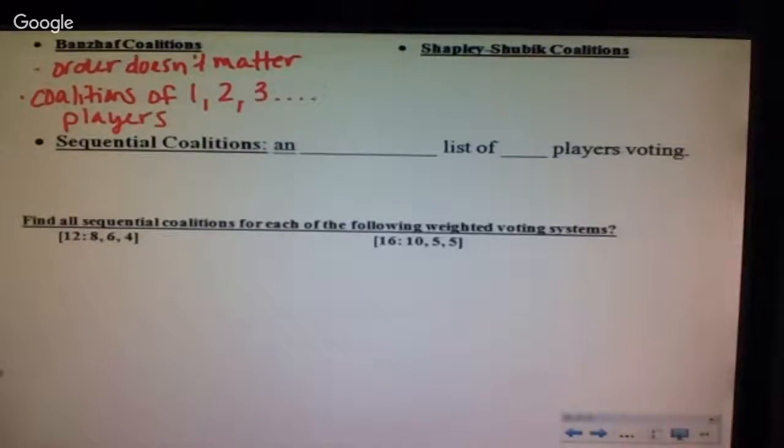You didn't have to have the same number of players in a winning coalition in Banzhaf. That's going to change in this one. Shapley-Shubik is going to change it up, and now order matters.